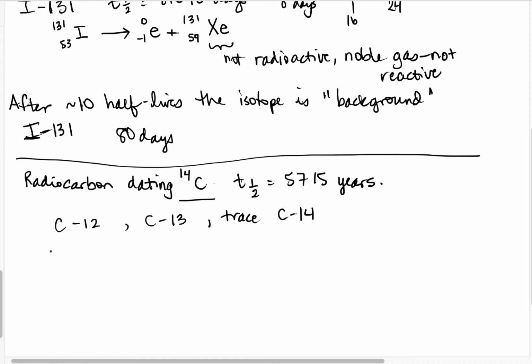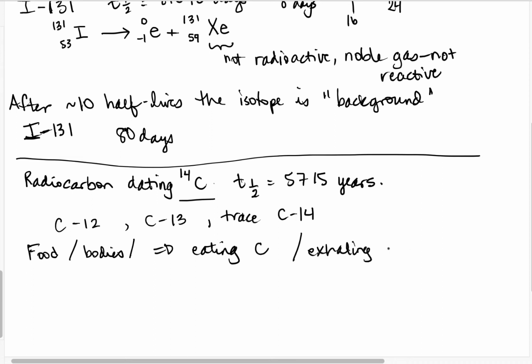And living organisms are taking in carbon all the time. All of our food is carbon-based, our bodies are carbon-based, and so we are eating and drinking carbon-containing things, and we are exhaling carbon dioxide, and of course lots of other waste products that are going to involve carbon.